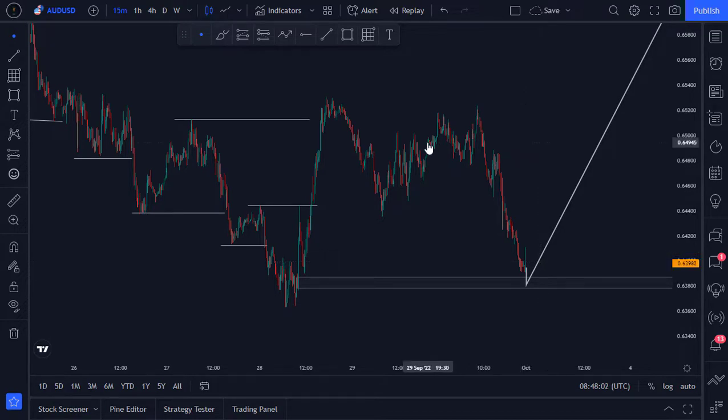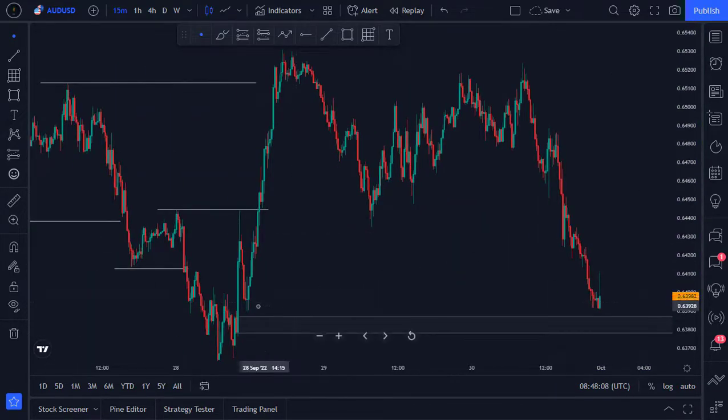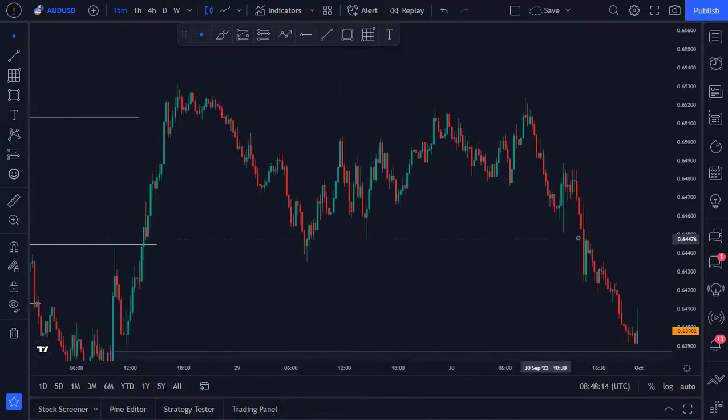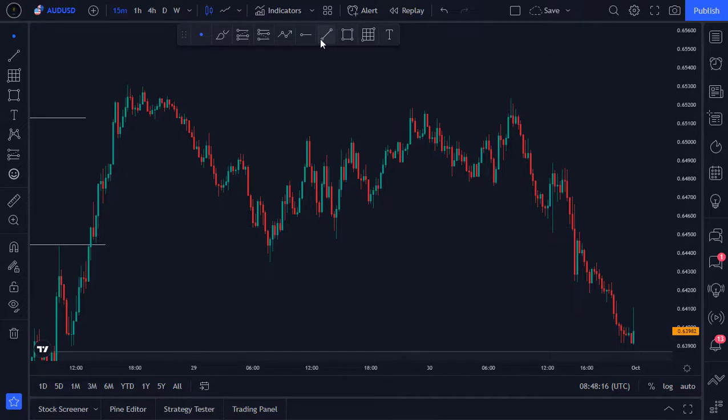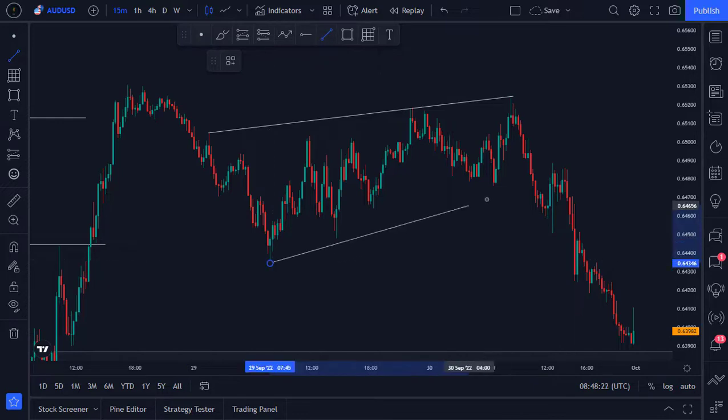So again, if you are just focused with this pair, you could have taken these buys and you could have taken this sell. After this pullback, you could have also taken this sell. Okay, according to how we usually trade, we could have taken both of them. You can see this one formed a very nice correction over here.